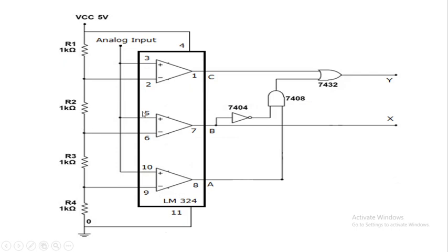If the voltage level is 2.50, then comparator A and comparator B both will be on. And if the voltage level of the analog input is 3.75, then all three comparators will be on. Then after the comparator output, a combinational circuit comprising a NOT gate, AND gate and OR gate is implemented, and the output will be the 2-bit ADC.